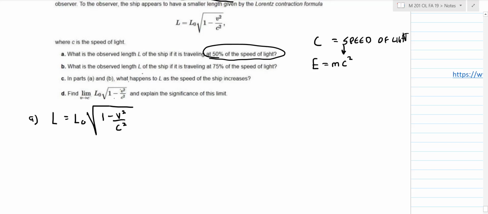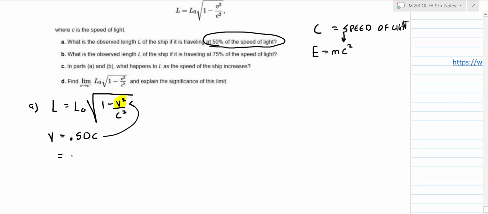So what you would do in this case is you would do this. We're going to do a simple substitution. So v is going to be 50% the speed of light, so it's just 0.5 c, and then we're going to plug that in like that, and work out what we get.